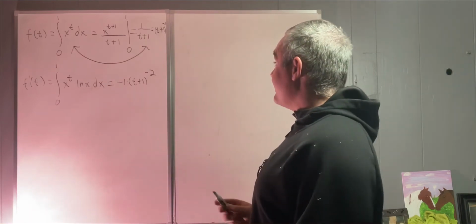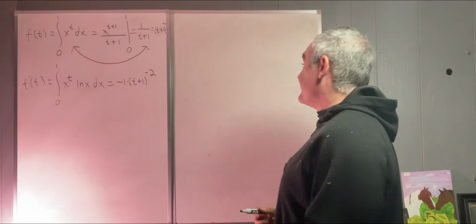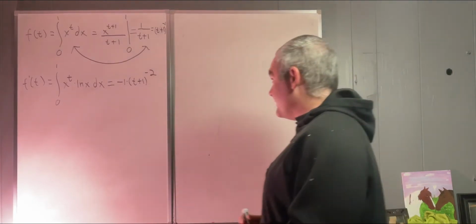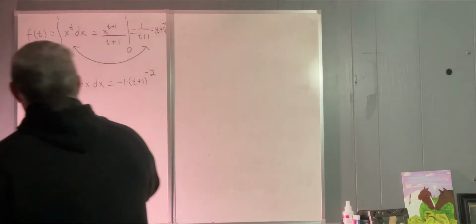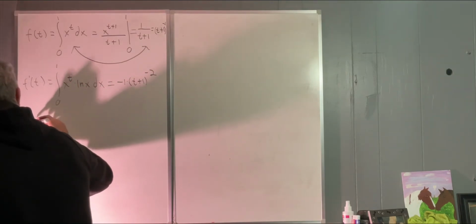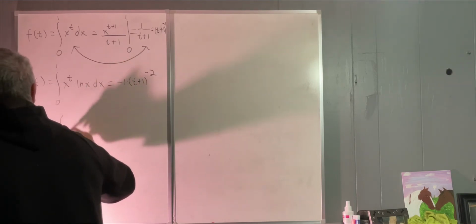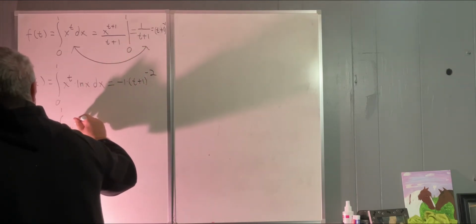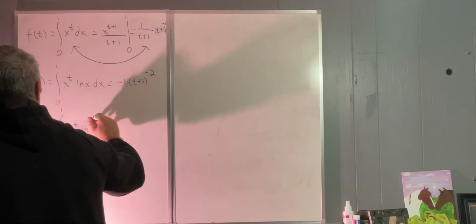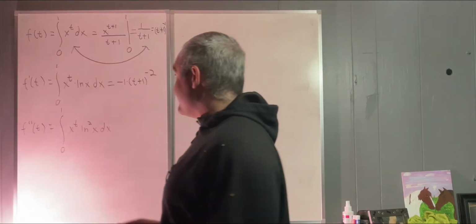So now we've got it. We're going to get back a factorial out of this if we just keep taking derivatives. So let's do it. We'll take 3 or 4. So f double prime of t is equal to the integral from 0 to 1 of x to the t natural log squared x dx. I hope you can see where that comes from.